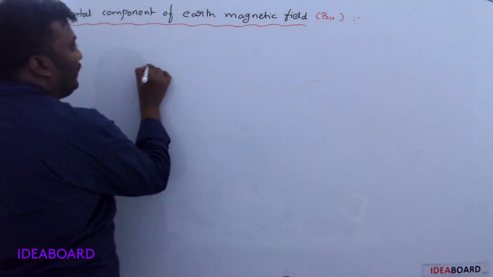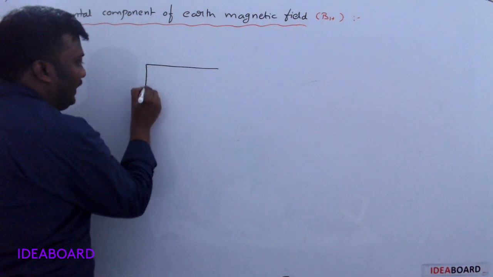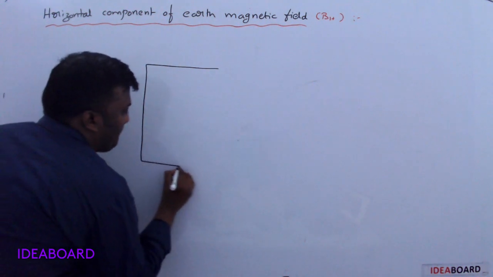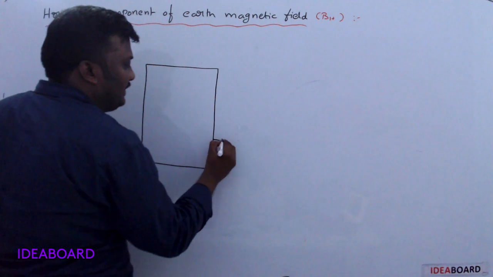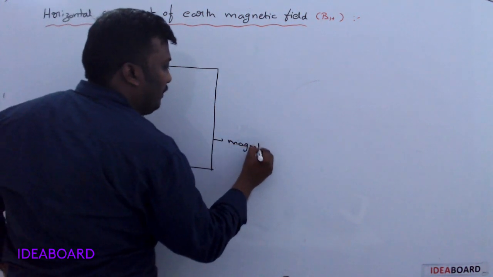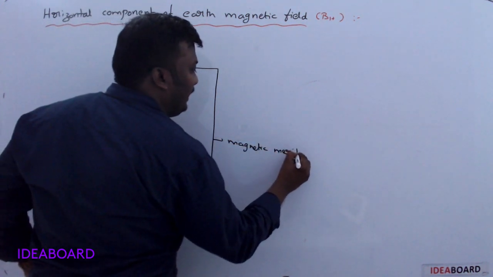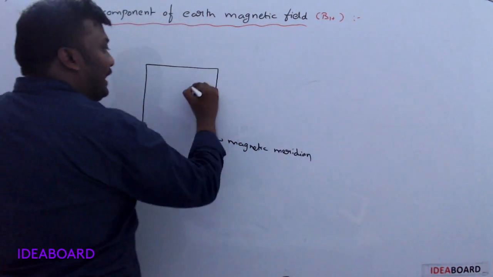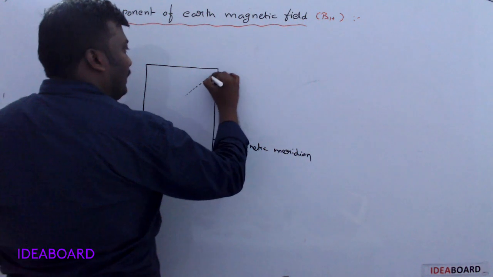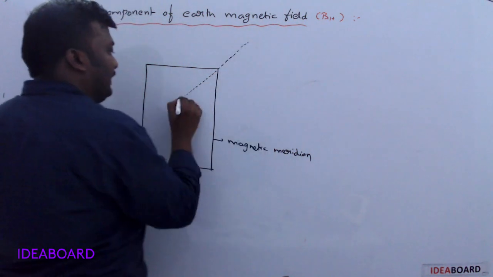Now let us see. In the magnetic meridian plane, this is the magnetic meridian plane. On that magnetic meridian plane, the compass comes to rest in this direction.